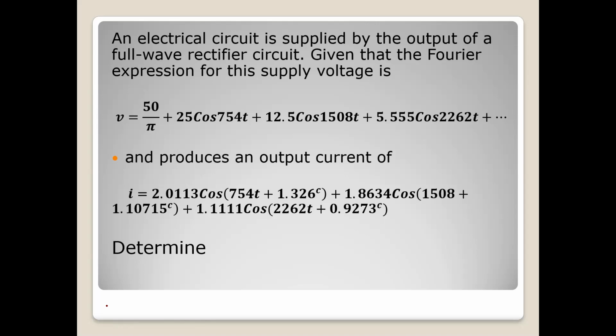Omega for the second harmonic is 754. Oh, you know it's a second harmonic? Because it comes after the fundamental. Where's the fundamental? The DC component. No. Wait.